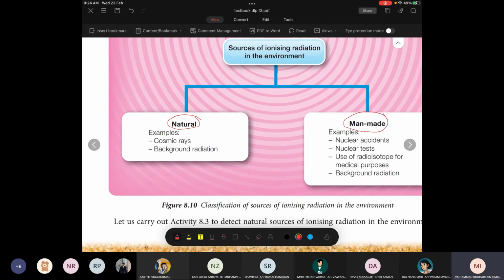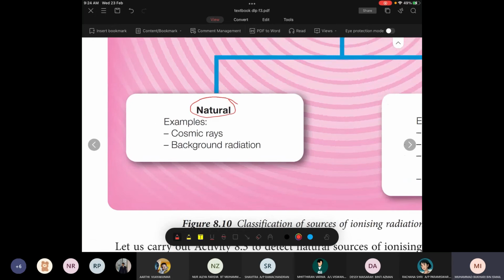So natural, for example, cosmic rays. Cosmic rays here refers to stars, galaxies, and so on. Stars and galaxies produce radiation, and the radiation can reach the surface of Earth.